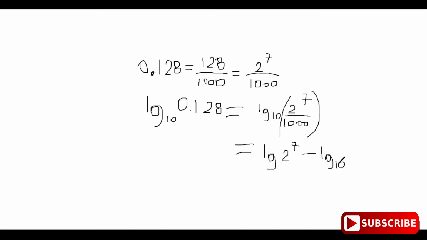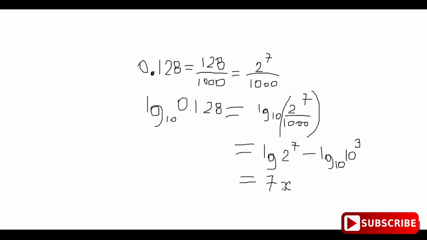Now look how I'm going to write 1,000: 1,000 is 10 cubed. Now, log 2 to the 7th is the same as 7 log 2, and log 2 is x. And so this is just 7x.